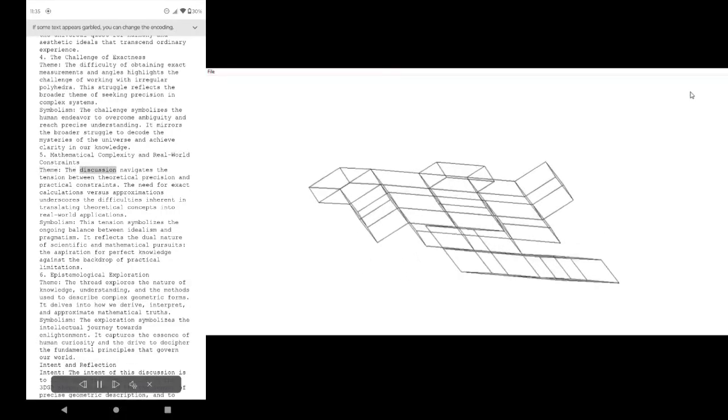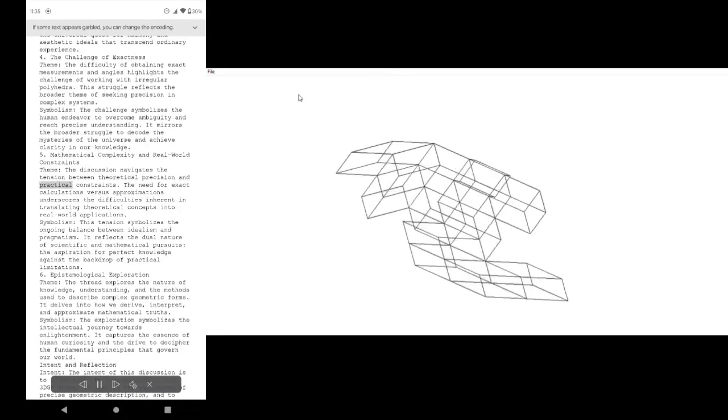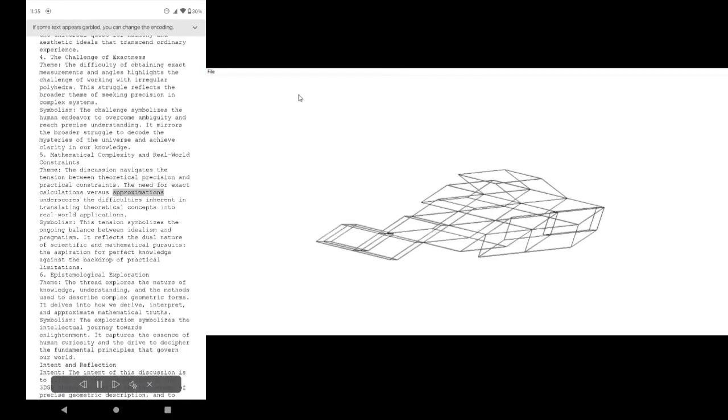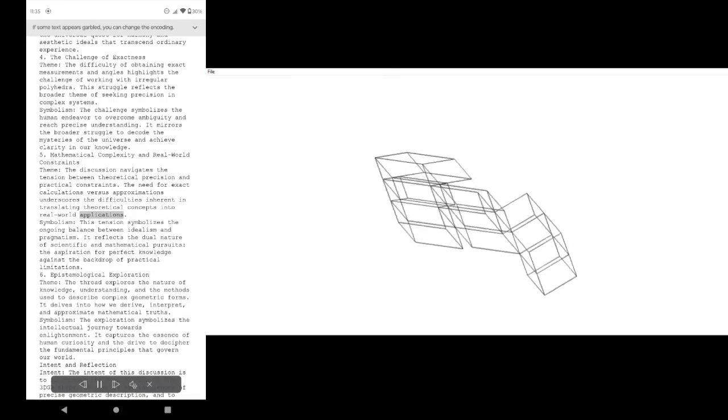5. Mathematical complexity and real-world constraints. Theme: the discussion navigates the tension between theoretical precision and practical constraints. The need for exact calculations versus approximations underscores the difficulties inherent in translating theoretical concepts into real-world applications.